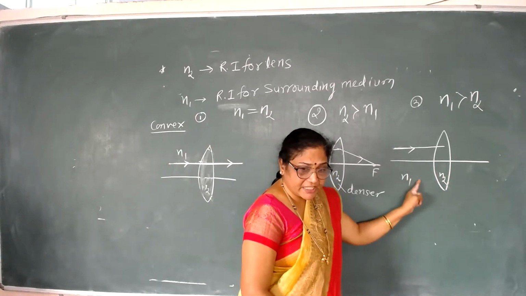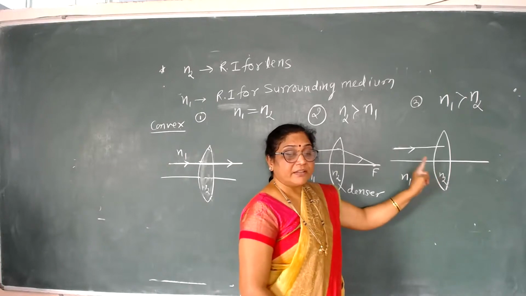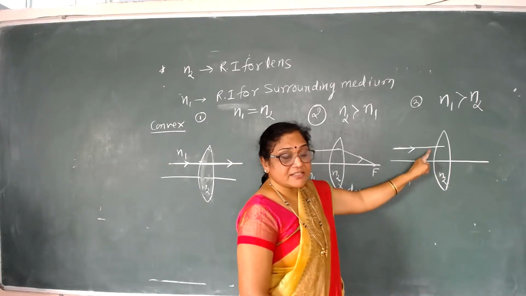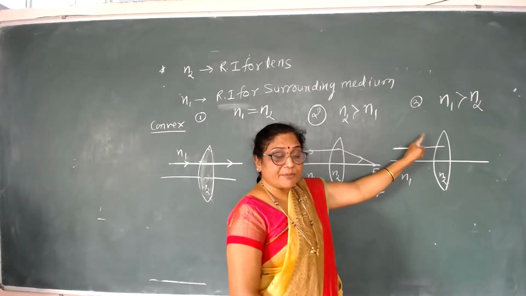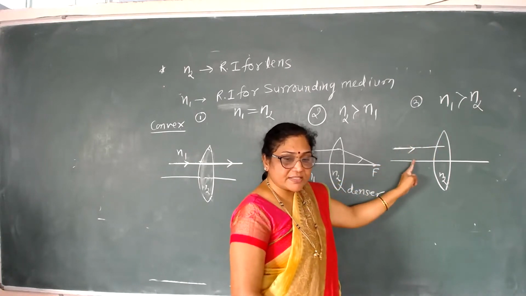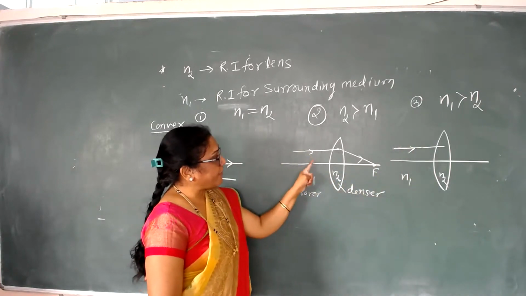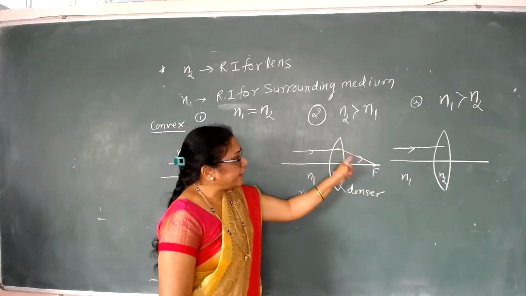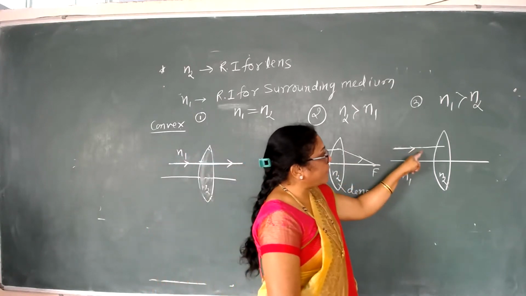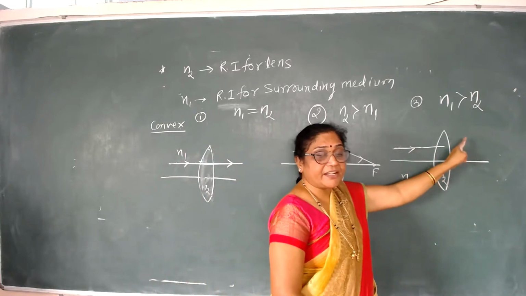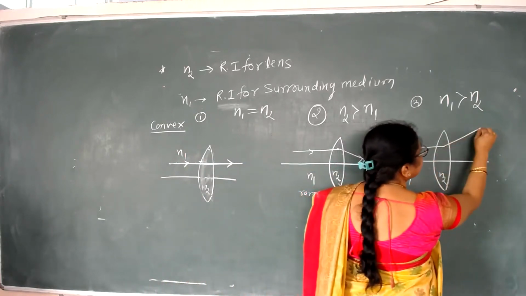At that time the ray of light bends away from the normal. We know that when the ray of light propagates from rarer to denser, it bends towards the normal, but when it propagates from denser to rarer, it bends away from the normal. So this time the ray of light is bent away.